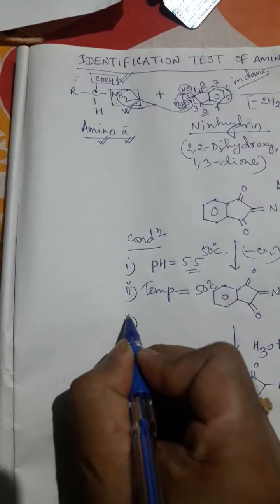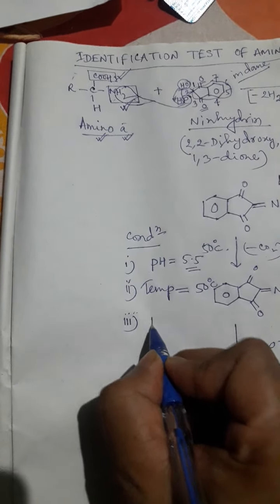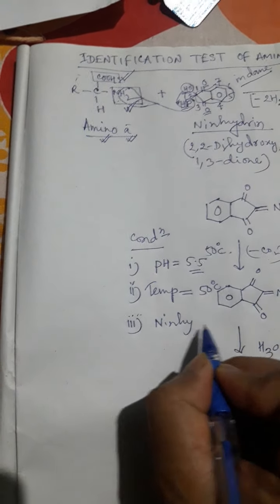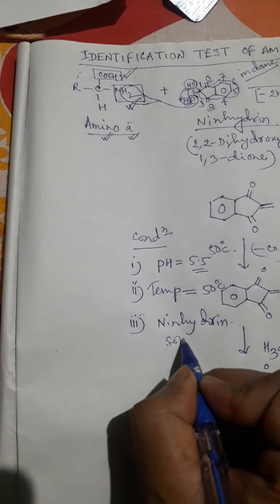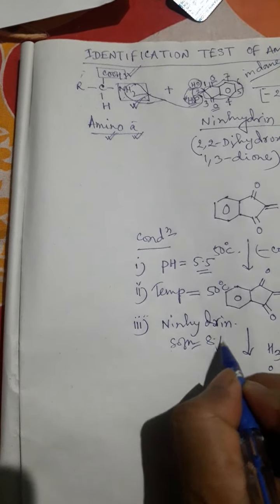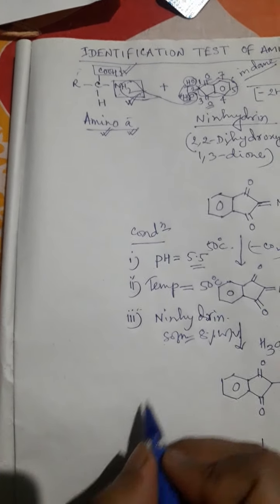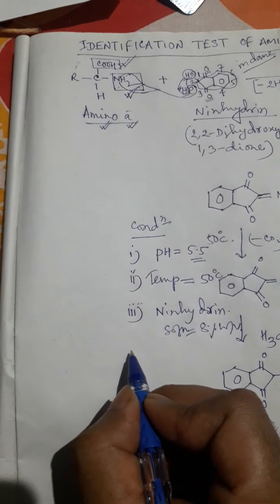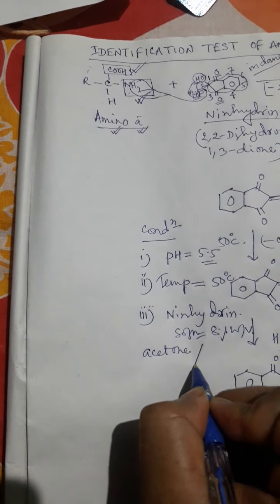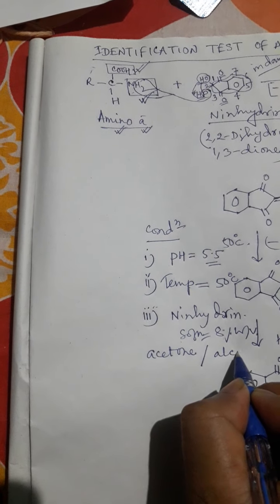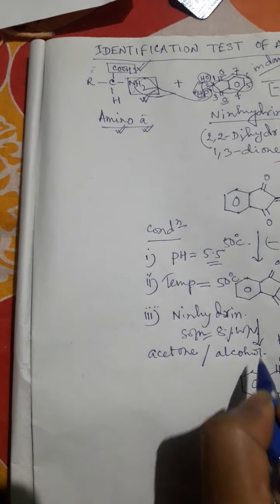And third one is the ninhydrin solution. The concentration of ninhydrin solution should be maintained at 8% W/V. Keep in mind, ninhydrin is not soluble in water, so you have to take acetone or alcohol as a solvent.